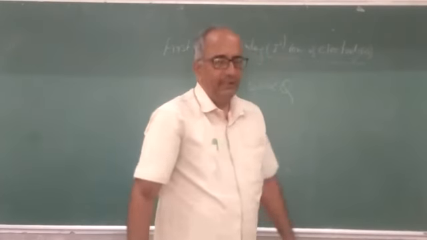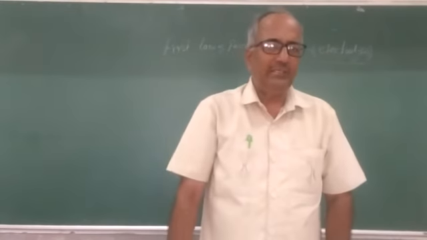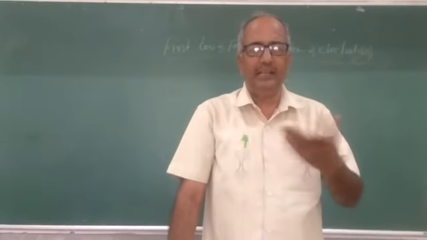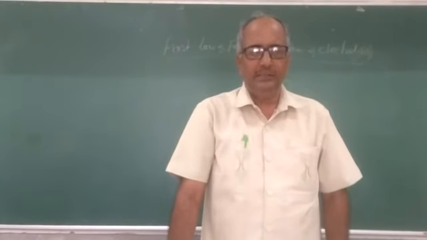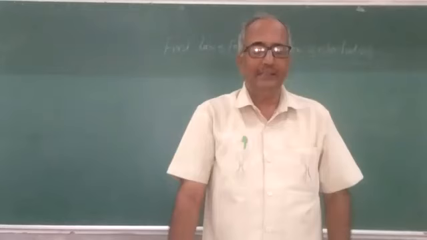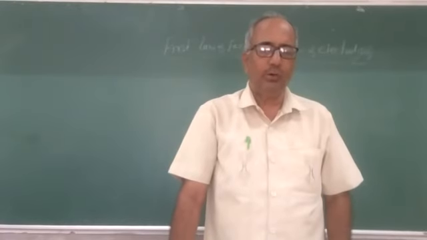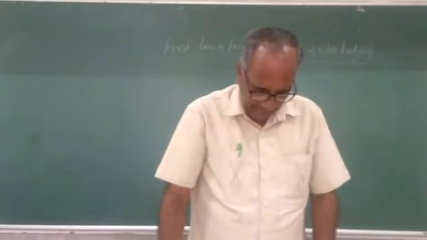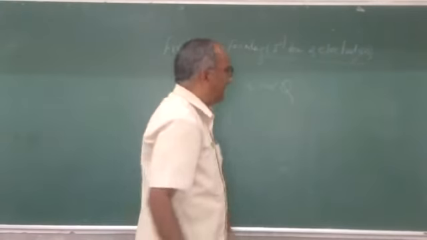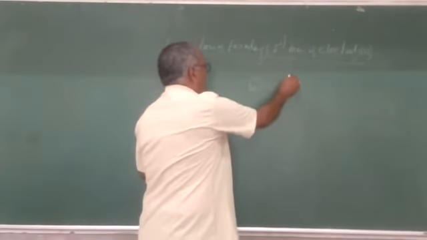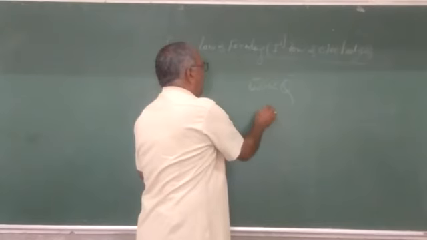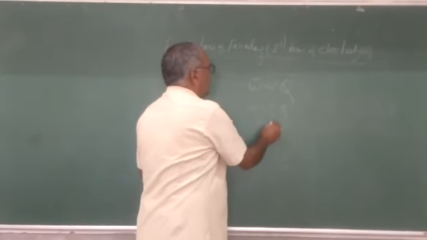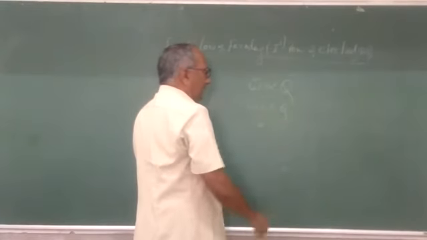W means mass of the substance deposited at the surface of the electrode, either cathode or anode, or liberated from the surface of the electrode, directly proportional to the quantity of electricity passed through it, where W is mass, Q is quantity. Now I may write W equals Z into Q. Z is electrochemical equivalent.